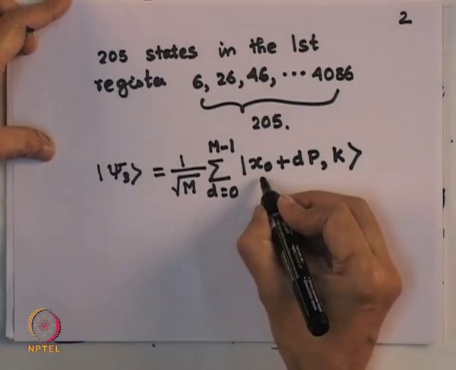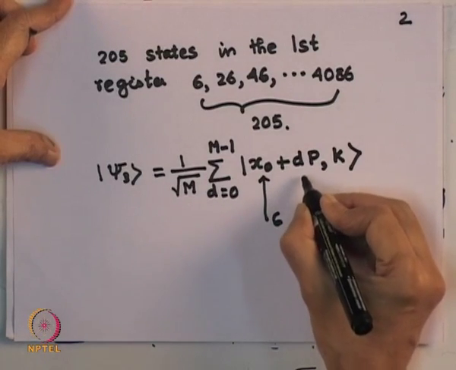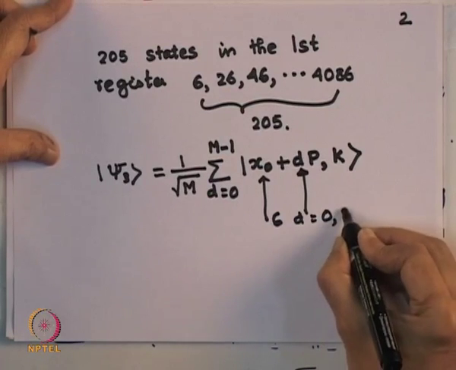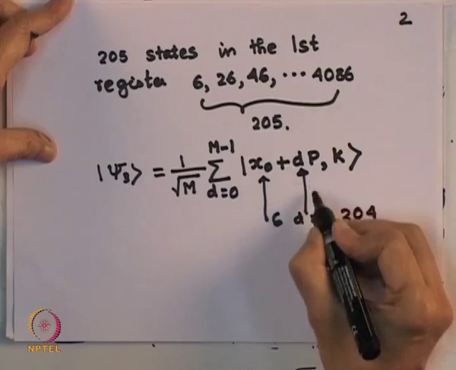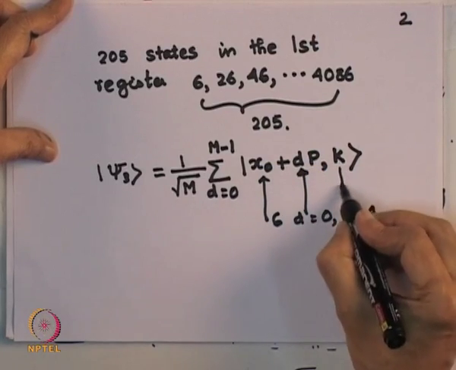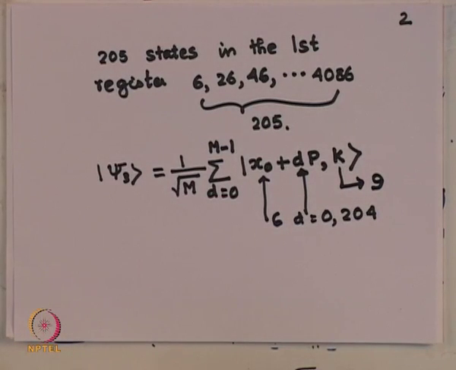For illustration purposes, x0 was 6 and d is a number which goes from 0 to 204, which is 205 numbers, and p for our calculation happened to be 20, and k was chosen to be equal to 9 by saying that when we measured the second register, 9 was thrown up.